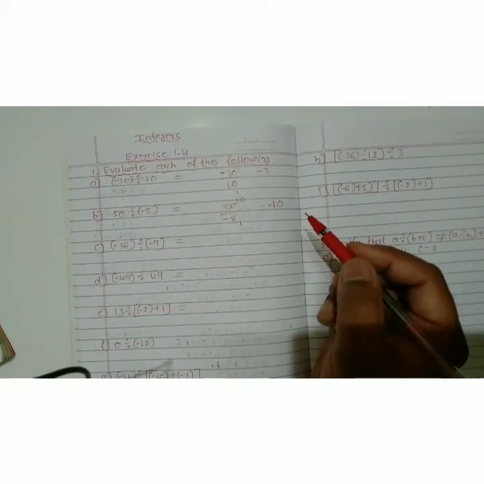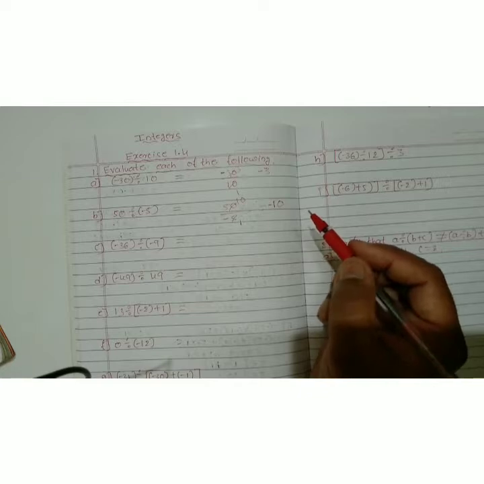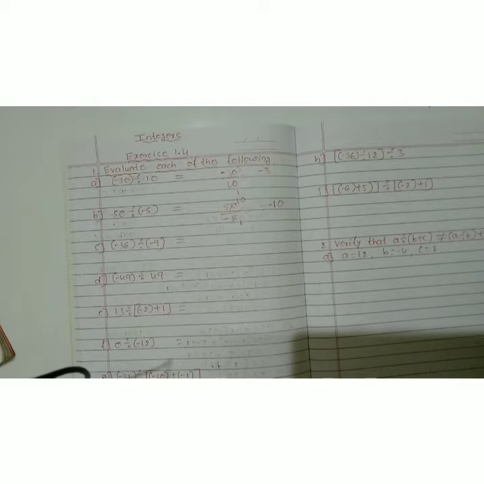Now here, minus 36 divided by minus 9. This is the third one. When we divide two negative integers, the quotient will be a positive integer.